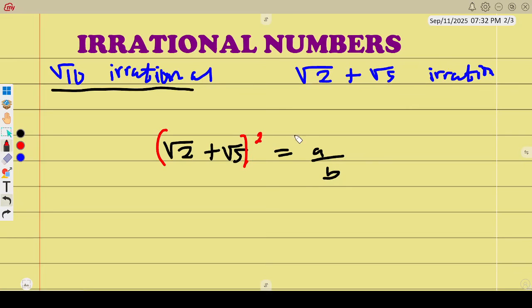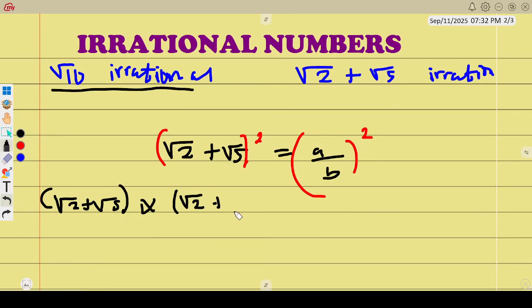So meaning we square, and even here we square. Here you now have to start multiplying. This simply means that you have root 2 plus root 5 times root 2 plus root 5. So we start multiplying root 2 times root 2, this times that.